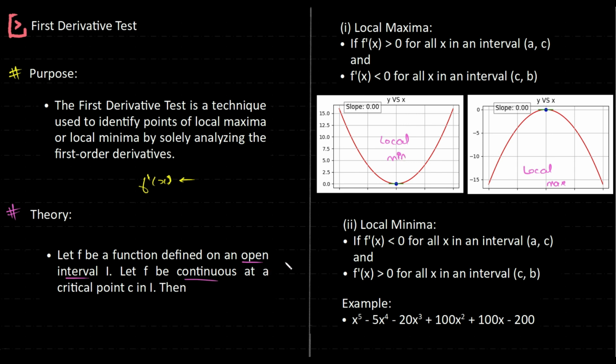Now, if I draw the tangent before and after the turning point, there would be something like this. Let's look into the nature of this. So this is clearly negative and this is clearly positive. This is clearly positive and this is clearly negative.